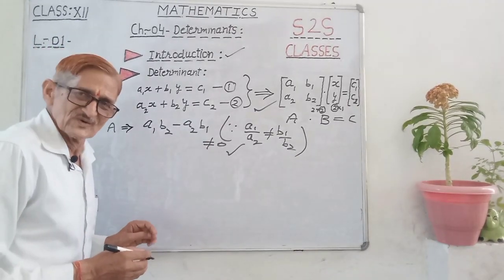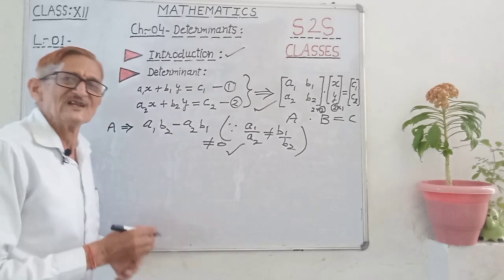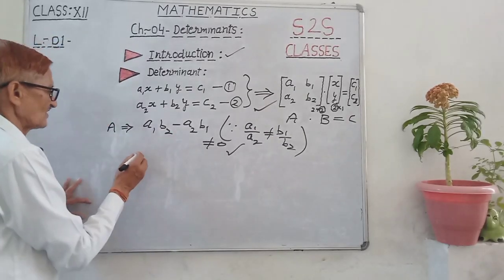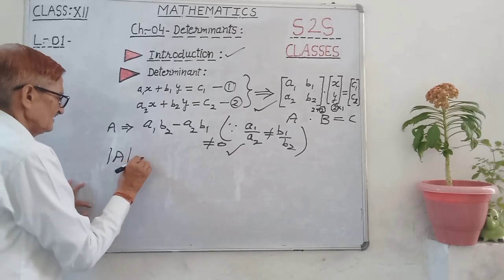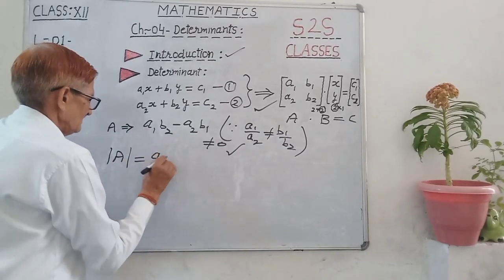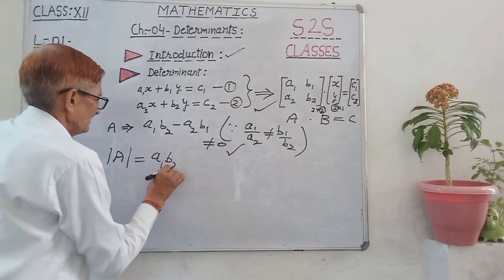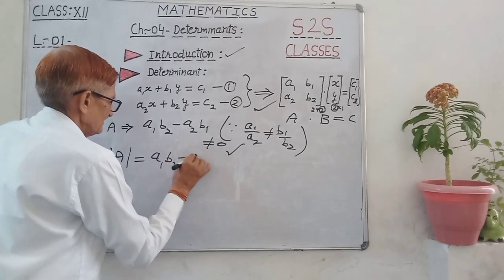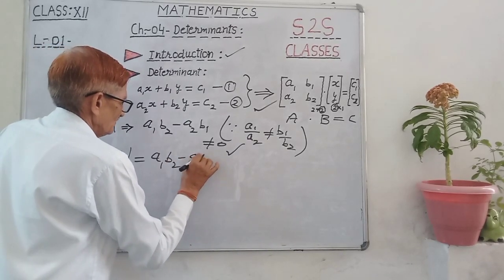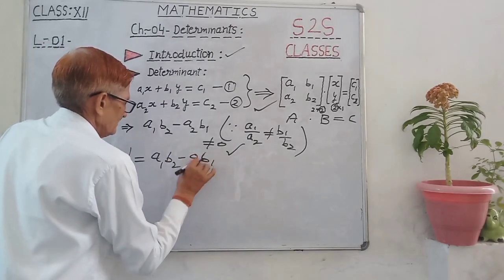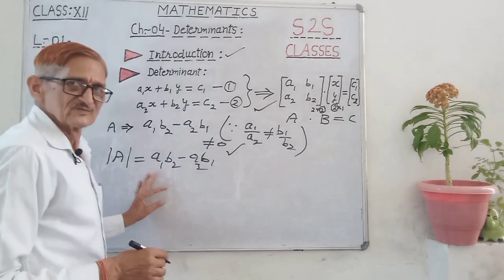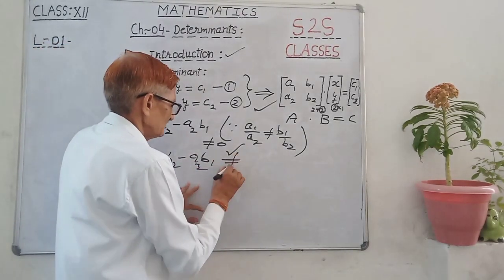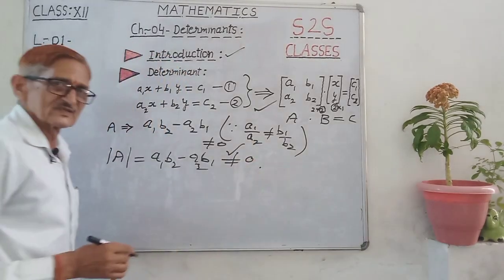So if some number or value comes for this, then this value is called the determinant of A. So the determinant of A is called A1 B2 minus A2 B1, this. Okay, this determinant A should not be equal to 0 for the unique solution.